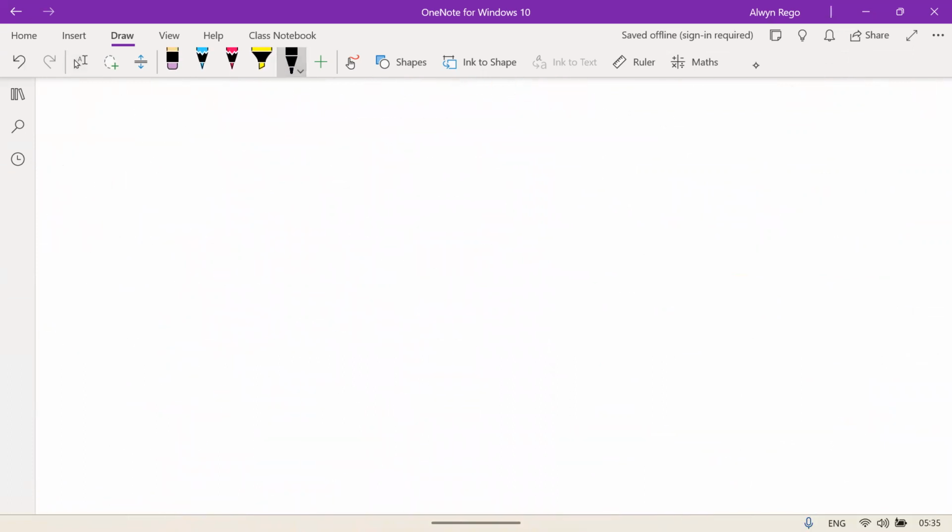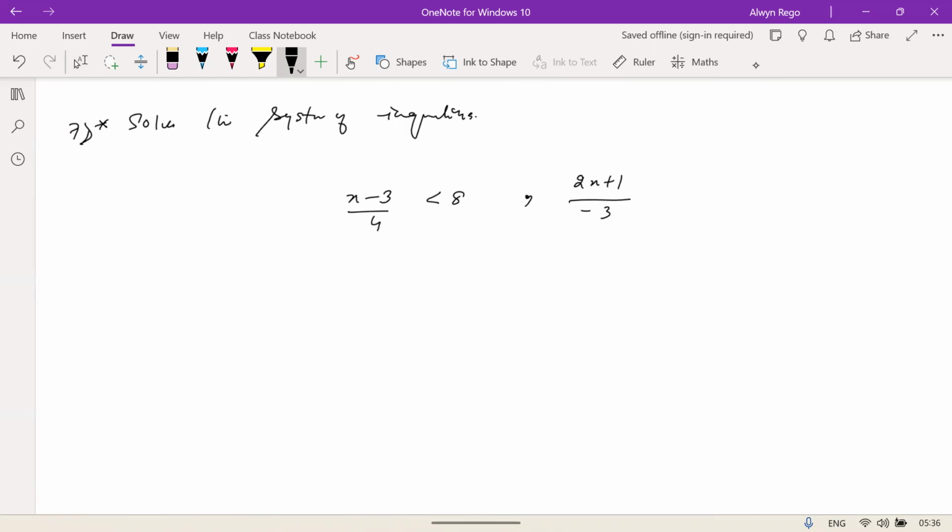For example, someone says solve the system of inequalities. Let's say the seventh problem: x minus 3 by 4 is less than 8, and 2x plus 1 divided by negative 3 is less than 9.